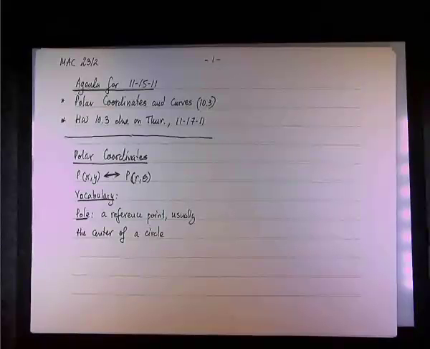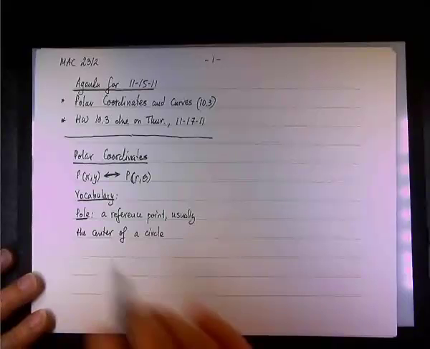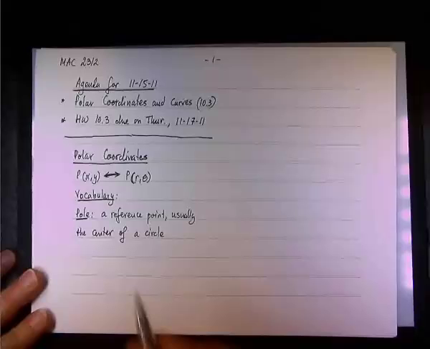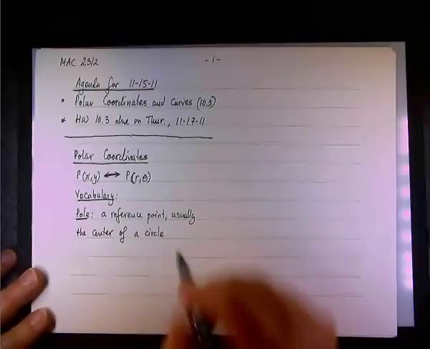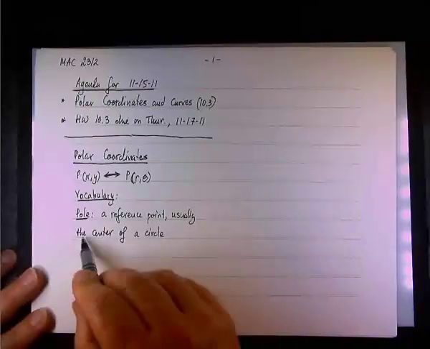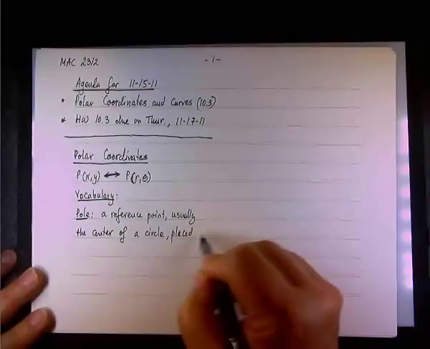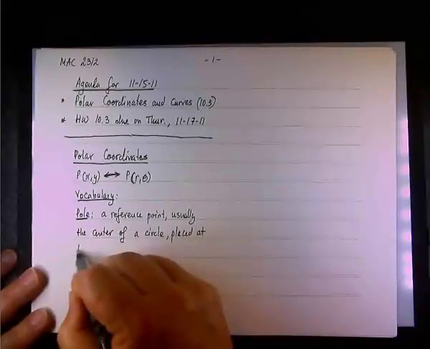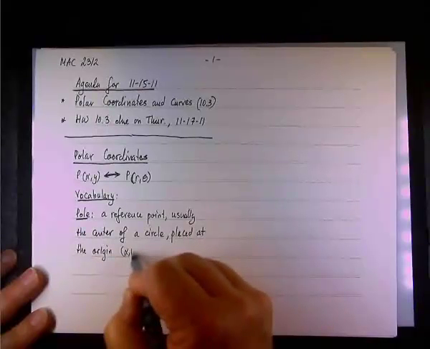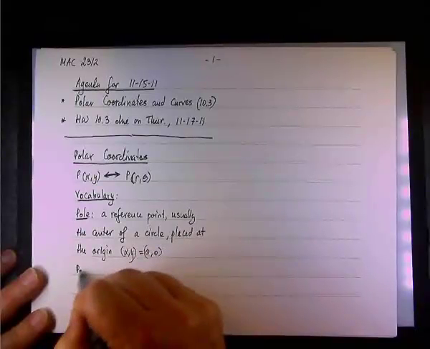Conveniently, if we transition from Cartesian to polar and from polar to Cartesian, the pole will be the origin, 0, 0. So usually it's the center of a circle placed at the origin, which will be xy equals 0, 0.